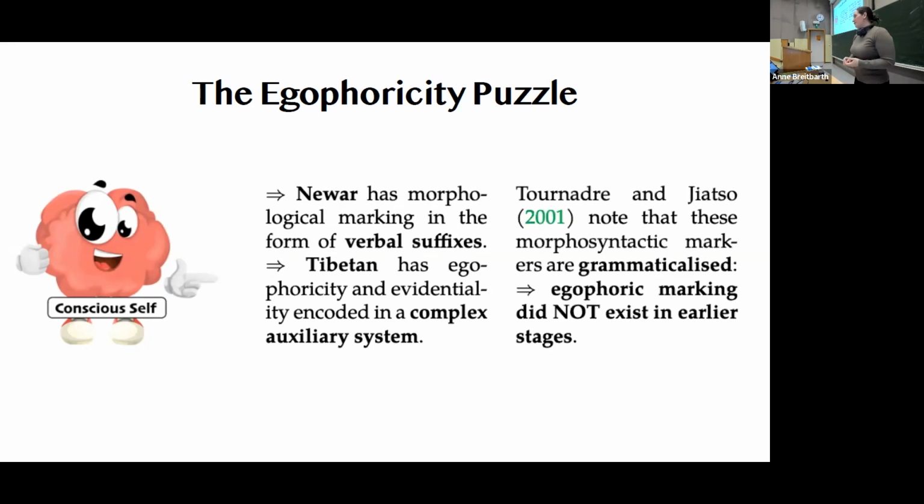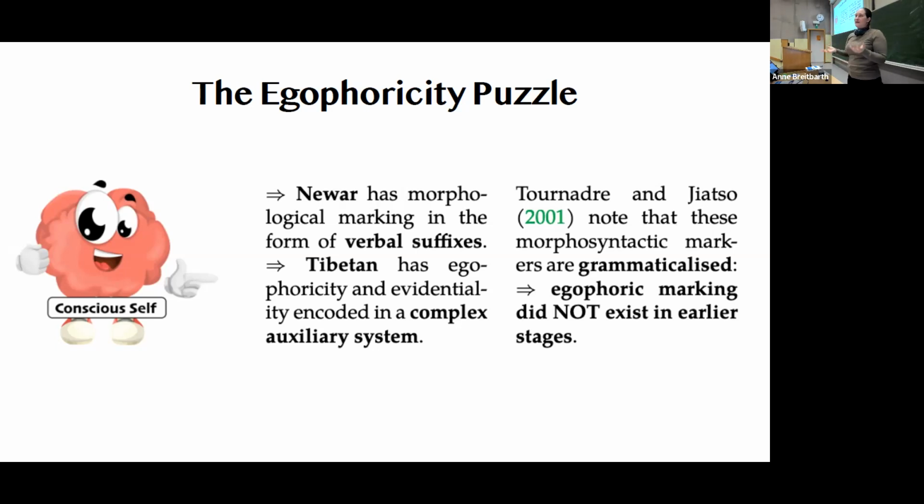Why is it interesting from a historical point of view? Because people like Onada and others have actually observed that in older stages of Tibetan and Newar, this wasn't there. So egophoric marking did not exist in Old Tibetan, and it started to exist somewhere in classical Tibetan.